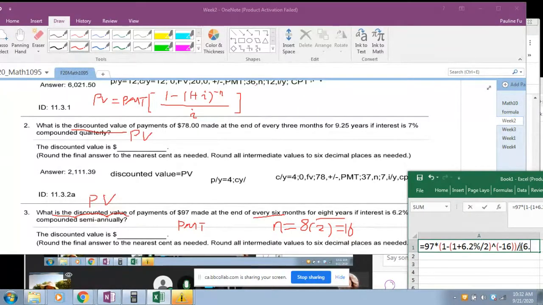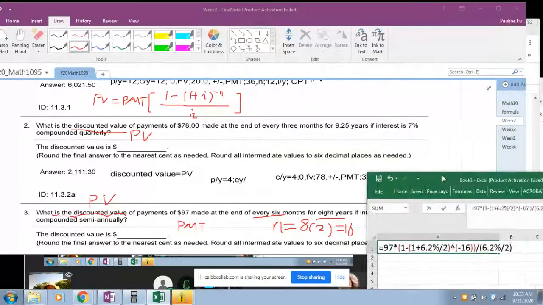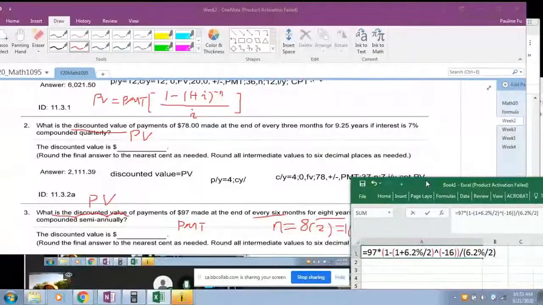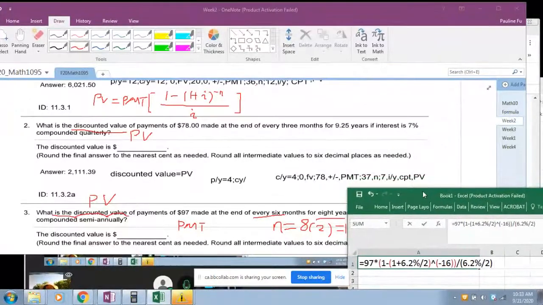It is 6.2% divide 2, closing bracket. Okay. So this is the Excel. The formula is here. So I type in, I get this number. Okay, correct number. So this is the formula.